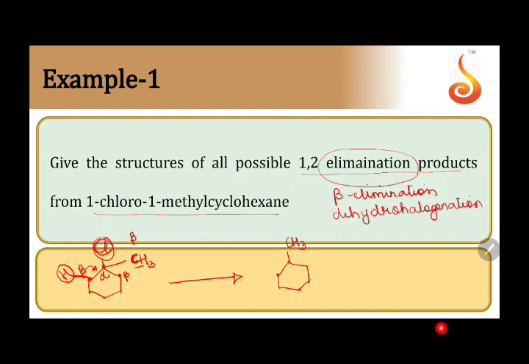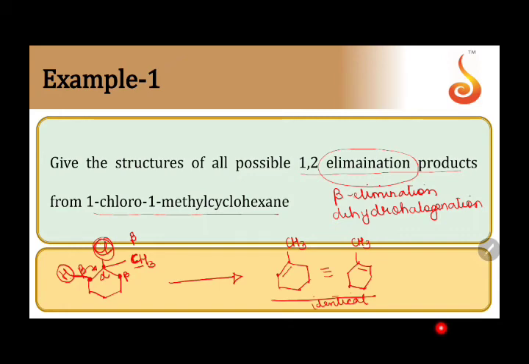From here we lost hydrogen, so we got a double bond like this. Losing a hydrogen from this other beta carbon gives this compound. Both these compounds are identical, the same compound, because this position and this position are equivalent here.